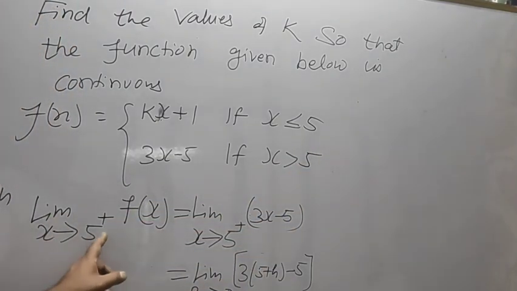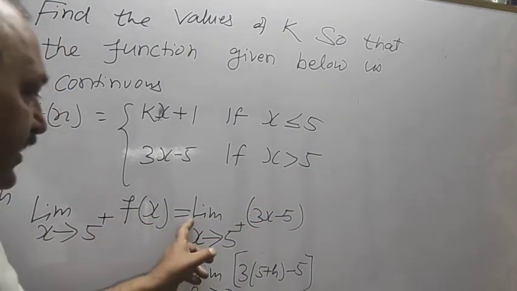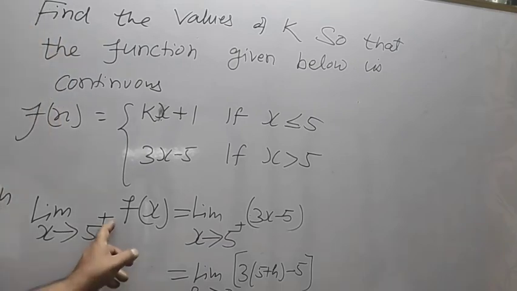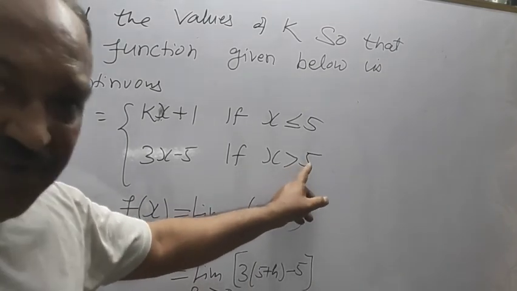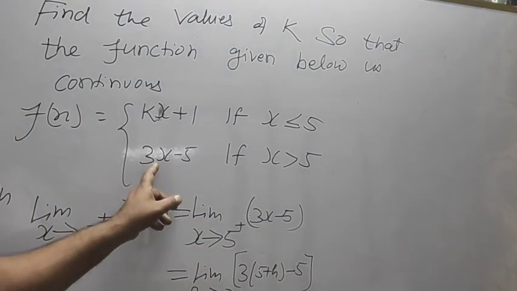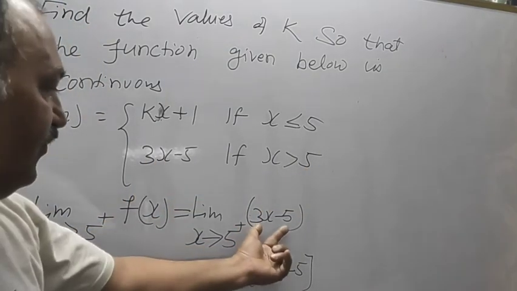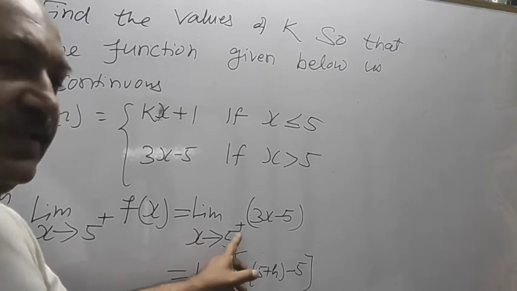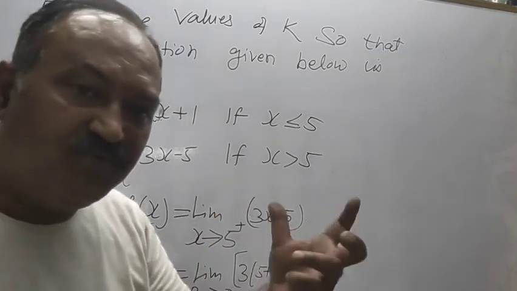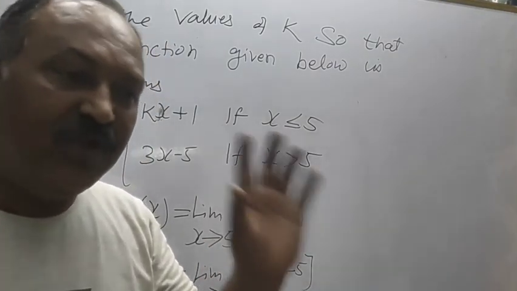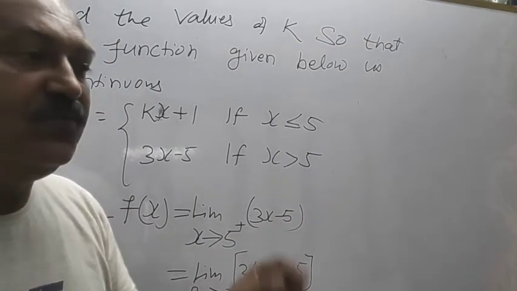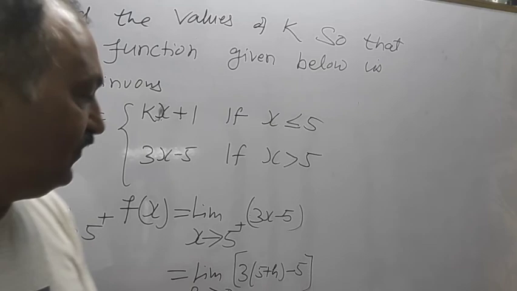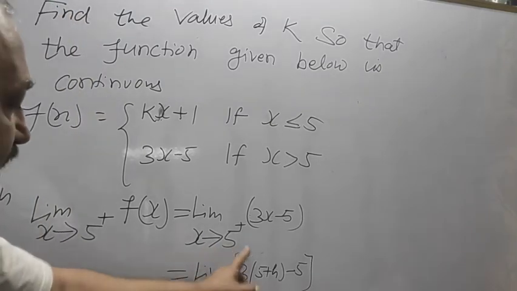Limit of x approaches to 5 plus f of x is equal to, for 5 plus means x is greater than 5, the value of the function is 3x minus 5. Putting this value and changing the limit. Before applying the limit, you have to change the right limit and left limit before putting the value. So first of all, change the limit.